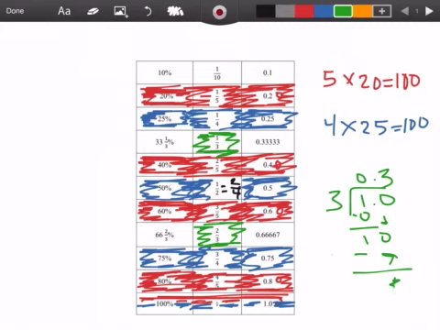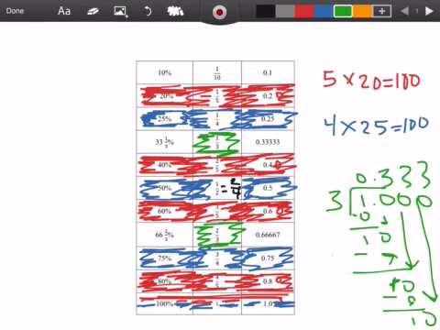It goes in 3 times, that's 9, 1 left over, becomes 10. 3 times is 9, 1 left over, it becomes 10. 3 times, and it goes over and over again. If you do that with 2/3, it's just doubling that. So we have 1/3 is 0.3 repeating, and 2/3 is 0.6 repeating, because it's just twice as much as the 1/3.